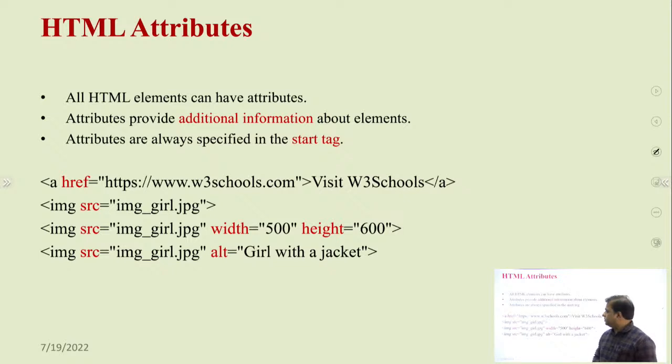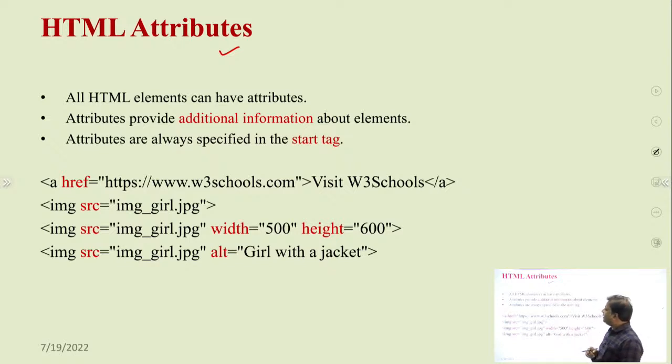HTML attributes. What we have seen so far is that we have HTML tags where we put our contents, and we want the tags to have an effect on the contents. Now in addition to the tags, we can also have certain attributes which help our tags to improve their syntax, or to improve their look and feel, right?